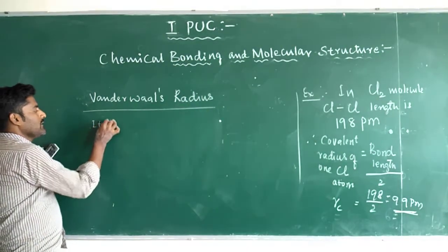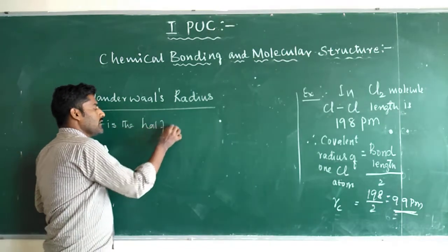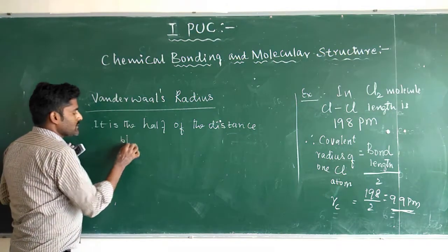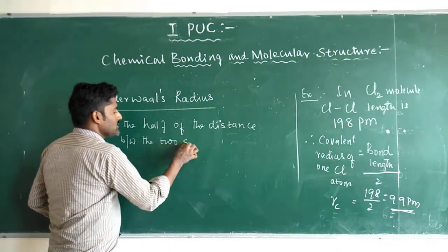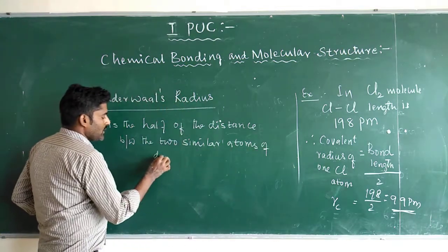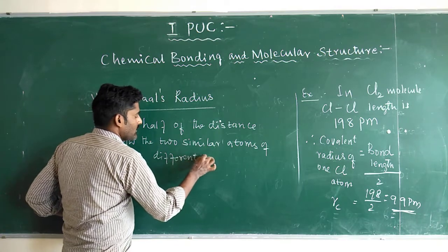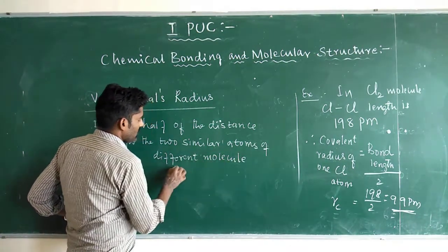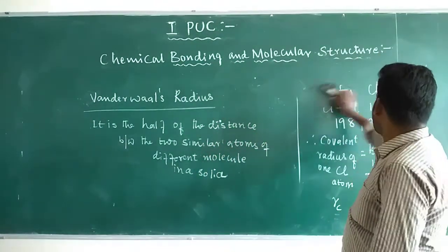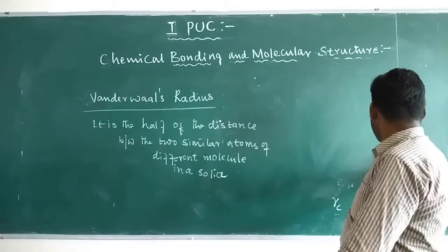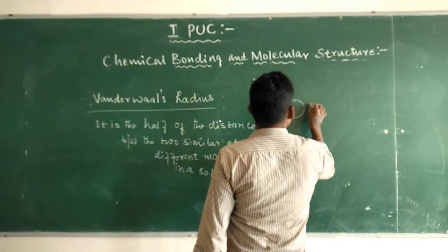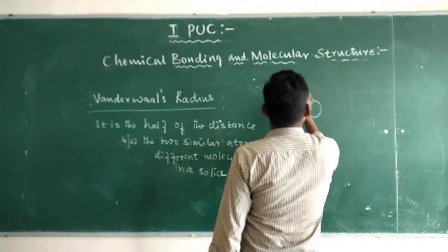So let us take one covalently bonded molecule, AB.